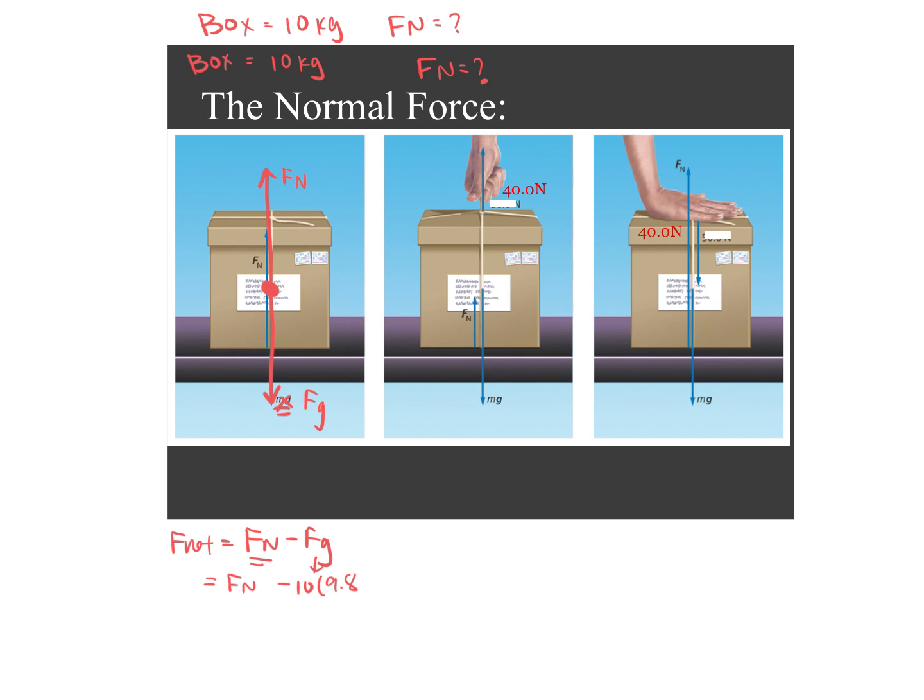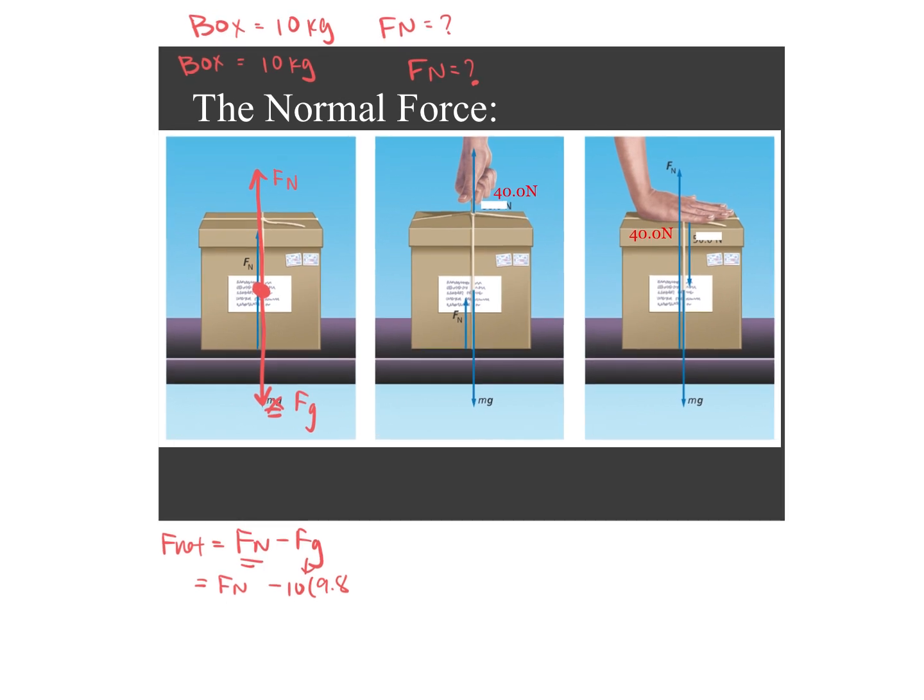No, which means my net force would be equal to 0. Okay, and so now I've just got a situation that says 0 equals normal force minus 98. And so that means my normal force is equal to how many newtons? 98 newtons. We agree? Okay, we see how that math works out.